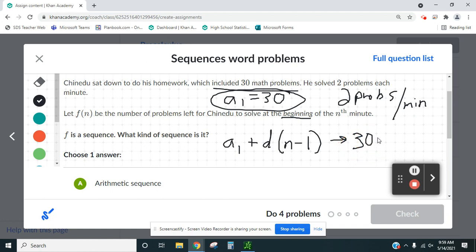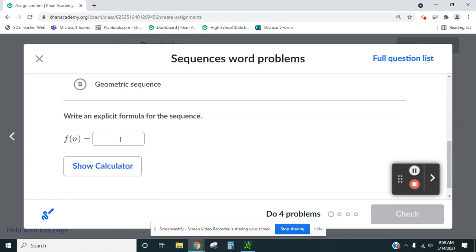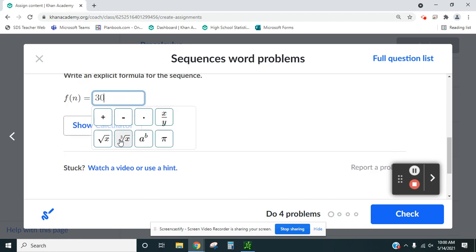We're taking away what we're talking about left. There's our sequence. I got it right this time.